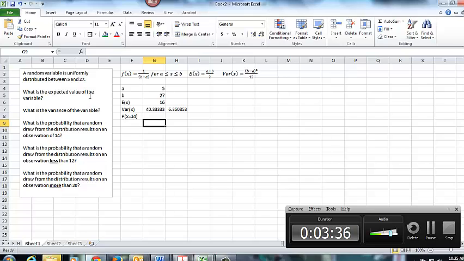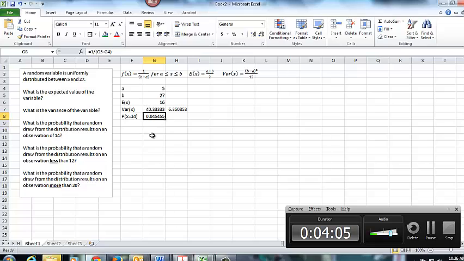So here we're looking at a single observation within that distribution. So 14 is between 5 and 27. So what's the probability of a single observation occurring within that interval? That's just going to be equal to this formula, equals 1 divided by the quantity b minus a.